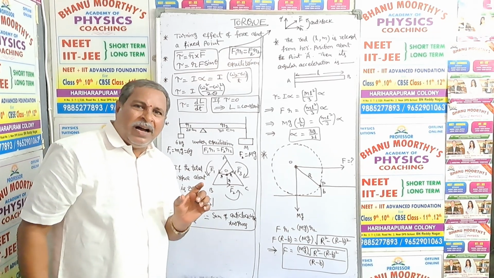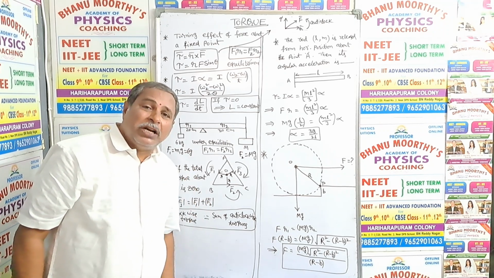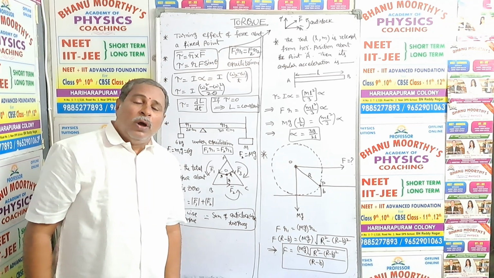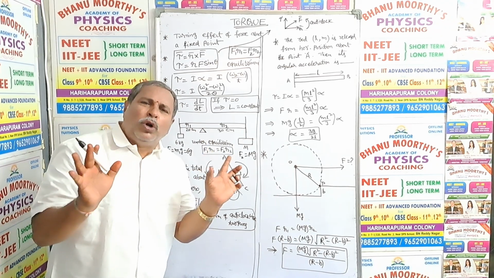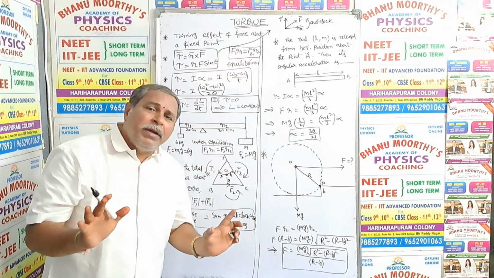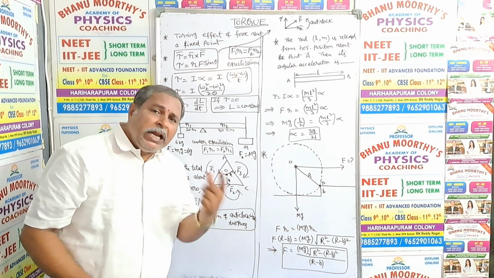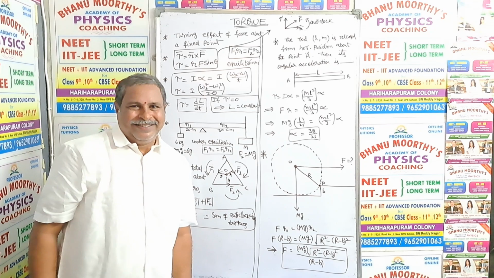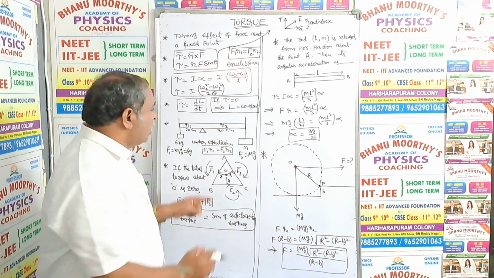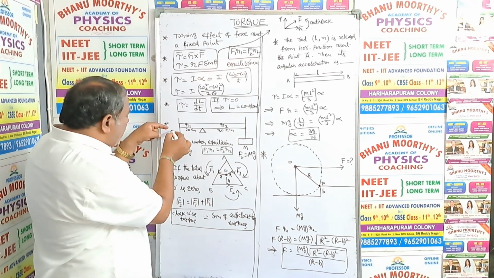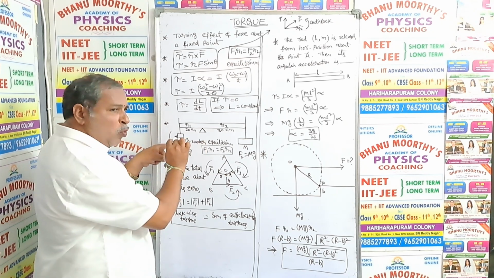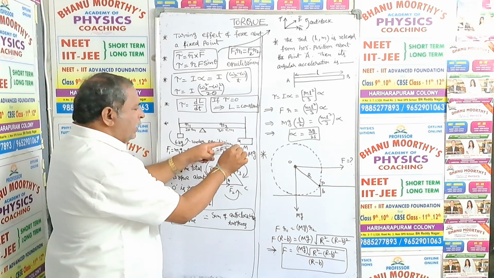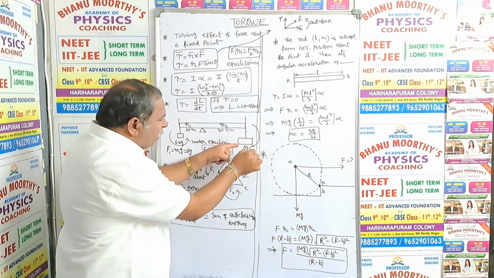So this is a very important concept from the torque topic. If the system is not rotating, what is the information here? Anti-clockwise torque is equal to clockwise torque. You should remember this point. Here also, this tries to rotate in the anti-clockwise direction, and this block tries to rotate in the clockwise direction.